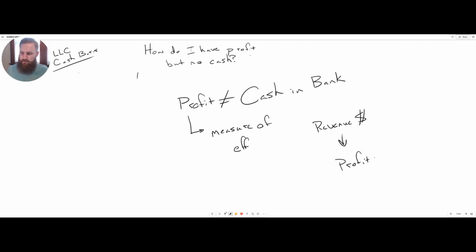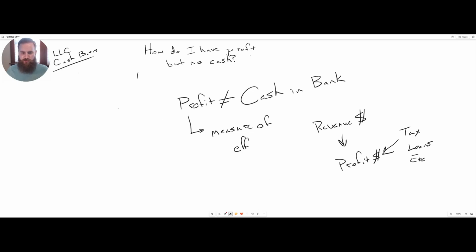Okay? But this is generally for taxes and loans, etc. But profit does not equal cash.